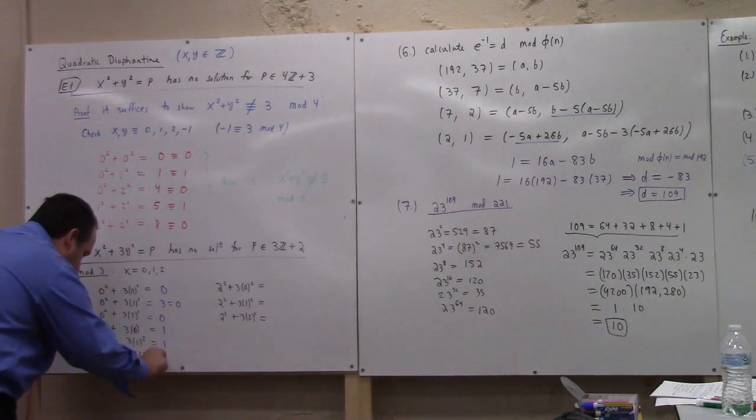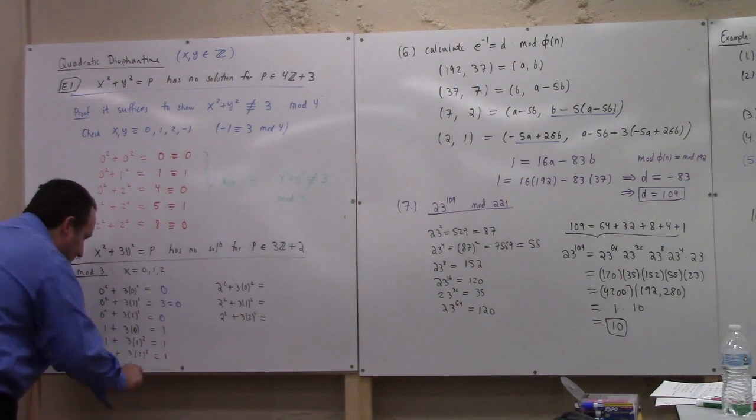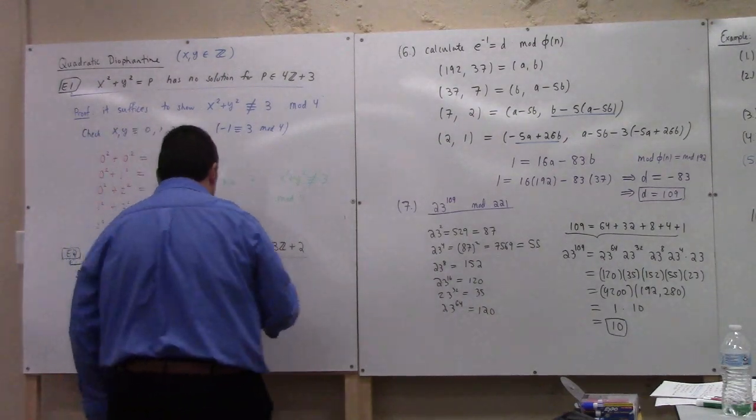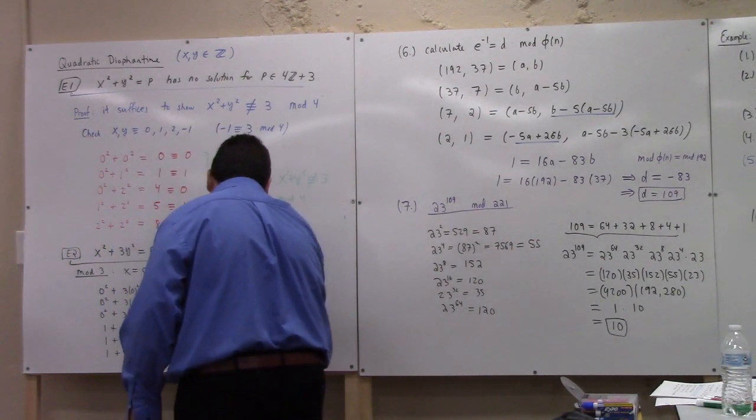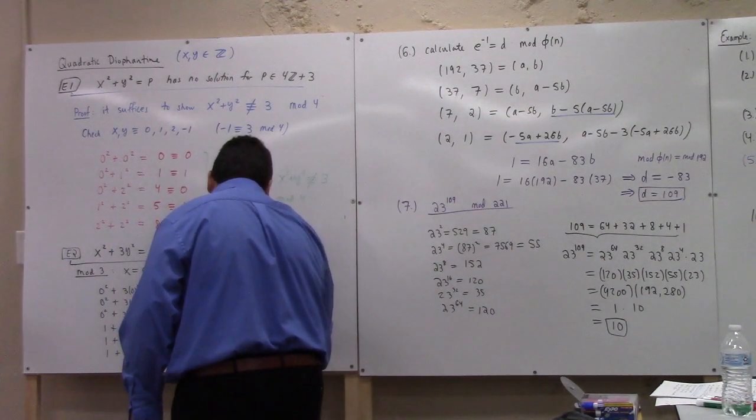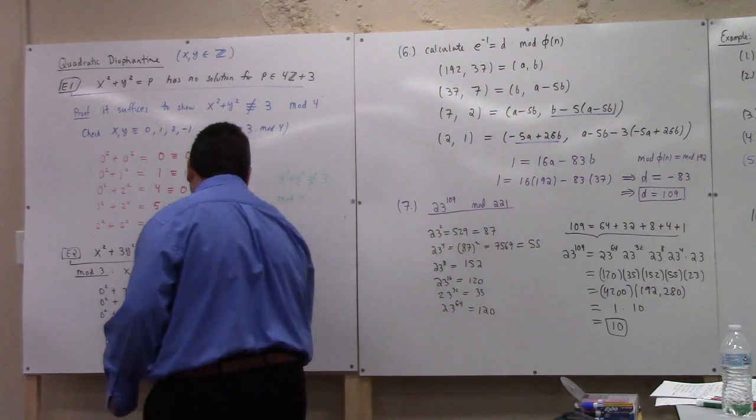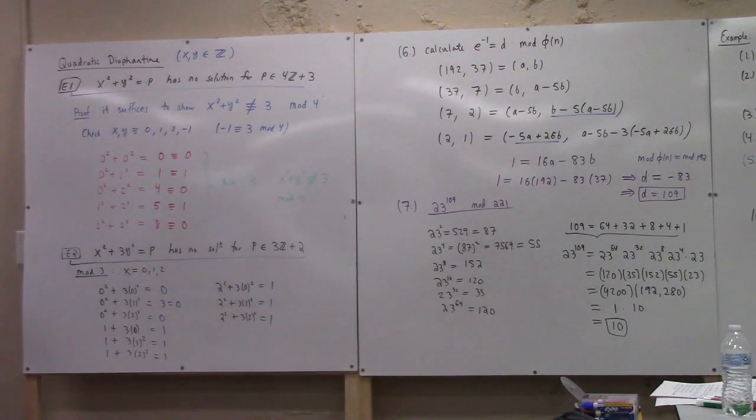That's 1. That's 1. 4, 1. That's 1. As you can see, you either get 0 or 1. You never get 2. So there's no p of the form 3z plus 2.